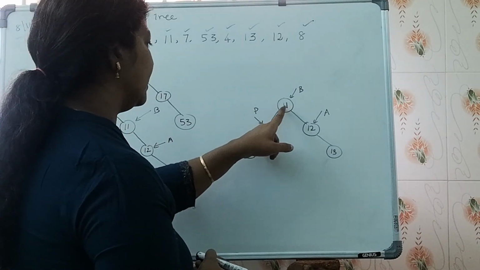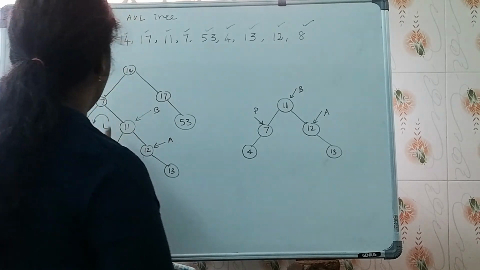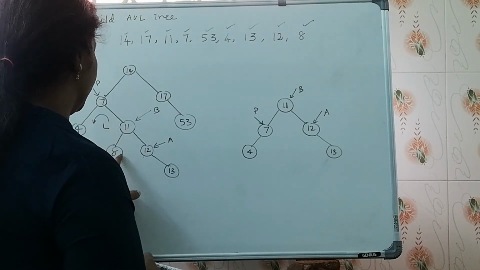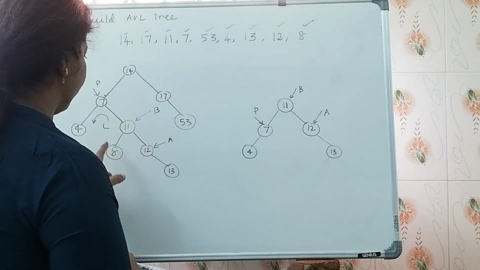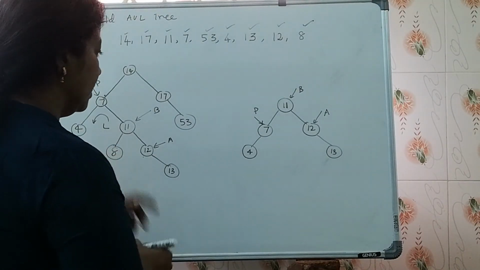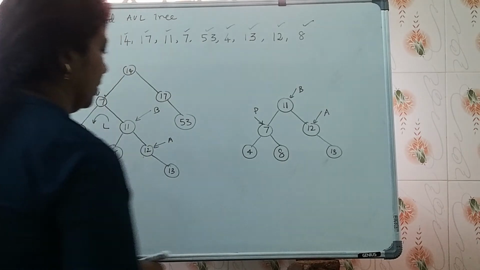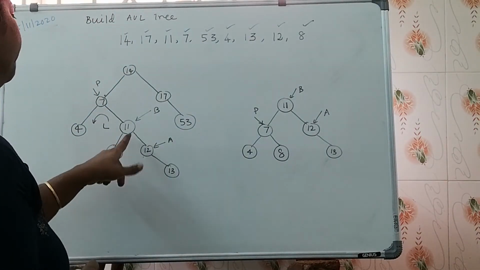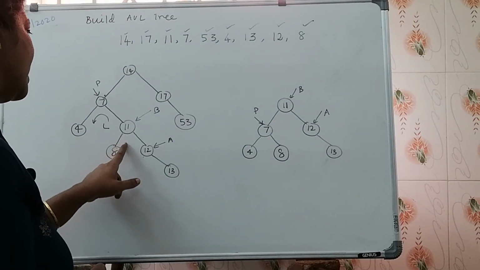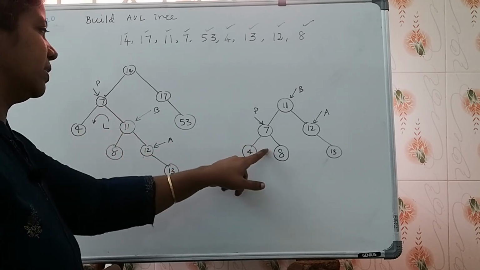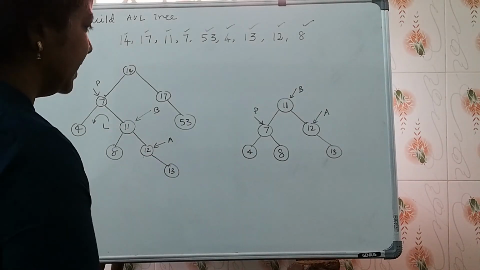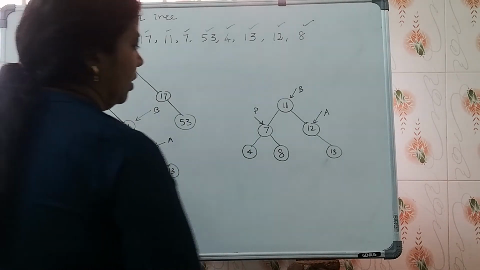So you see lesser than 11, but this is greater than P. Okay. So this is the case that we have discussed. So greater than P. So we can insert this in this position. Okay. What is that? BL. BL has moved to the right side of P. This is the case exactly we discussed in case 4.